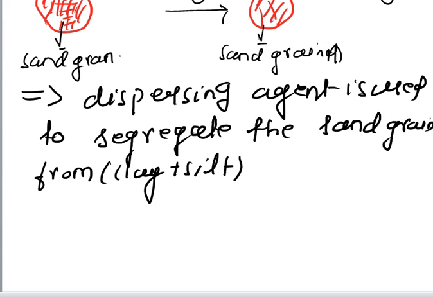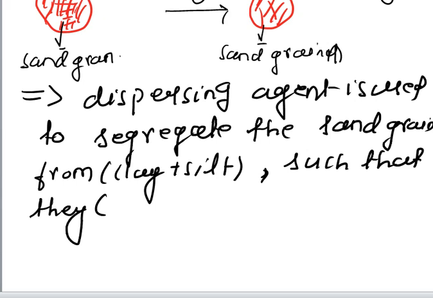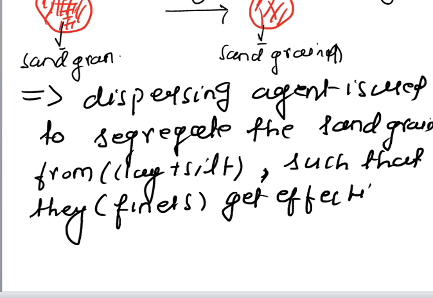I have shown above. The dispersing agent is used such that the fineness gets effectively removed, because we need effective removal of them, else the sieving process will not occur correctly.